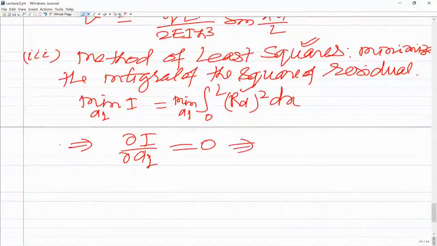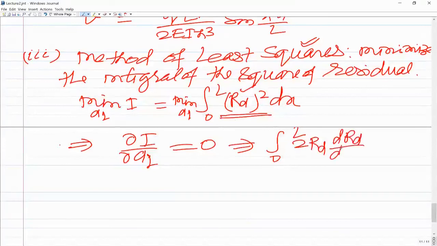Now we are minimizing with respect to a1, and the integral is with respect to x, so we can take the differentiation sign inside the integral. So we get the integral from 0 to L, and we differentiate this with respect to a1. First we differentiate Rd squared with respect to Rd, which gives 2 Rd, and then the derivative of Rd with respect to a1, so that gives dRd by da1 dx equal to 0.